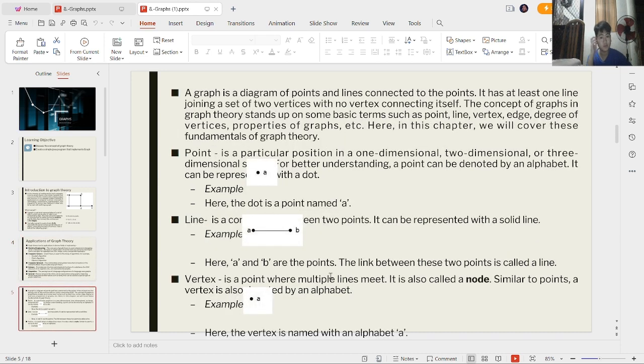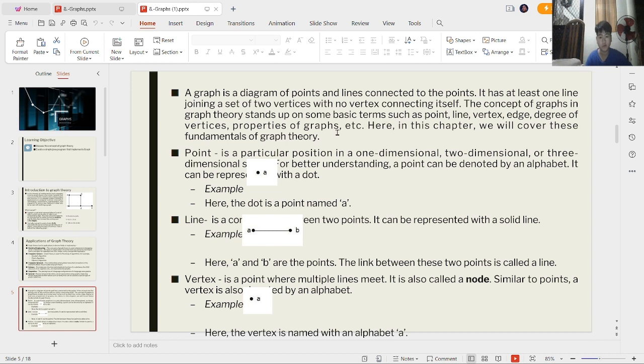A graph is a diagram of points connected by lines. So that's a graph. It has at least one line, a set of two vertices, with no vertex connecting to itself.